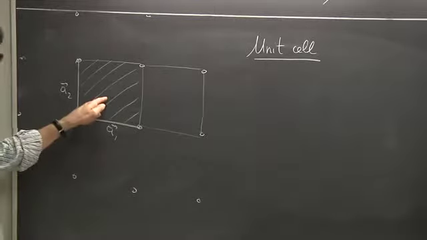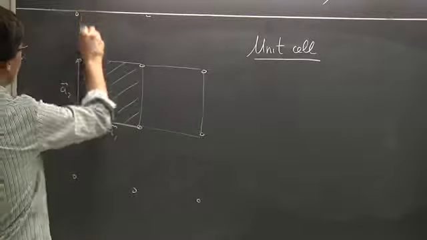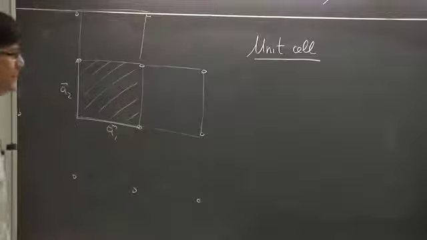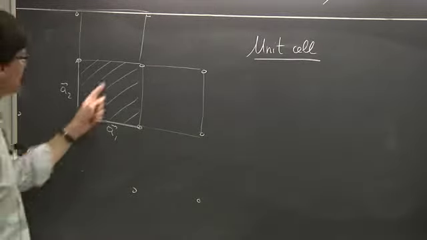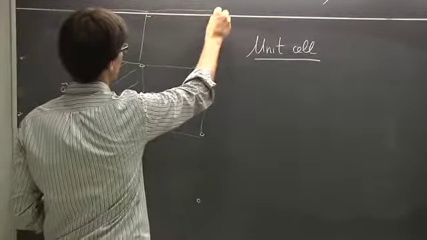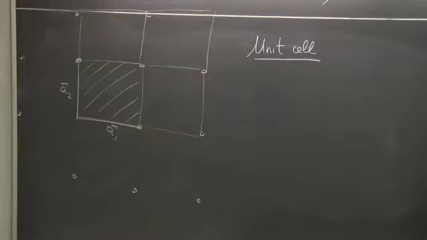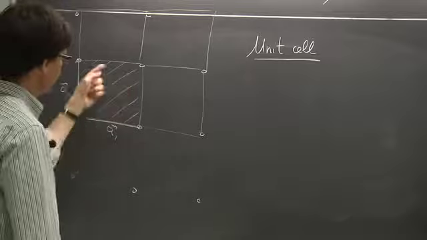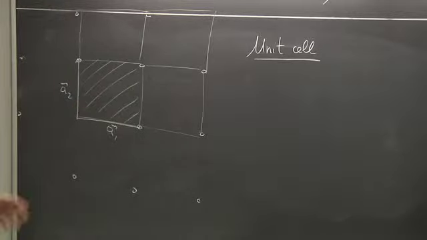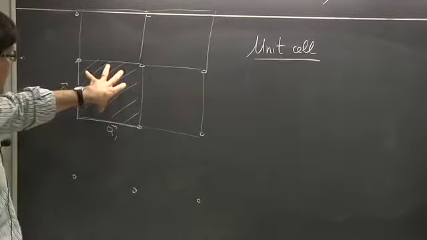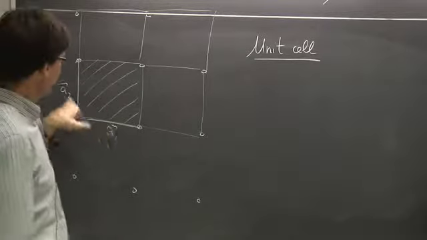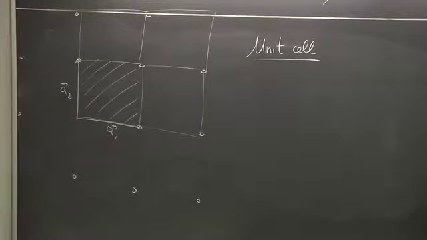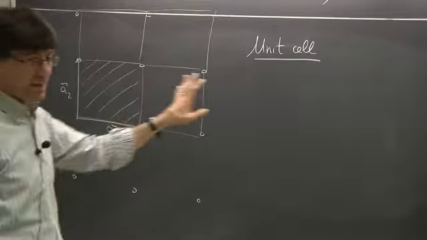If I translate it by A2, I'm going to fill this region. If I translate it by A1 plus A2, I'm going to fill this region. Now, the beauty of this choice here, which is rather natural, is that by translating this green area by any Bravais lattice vector, I'm going to fill the whole space.